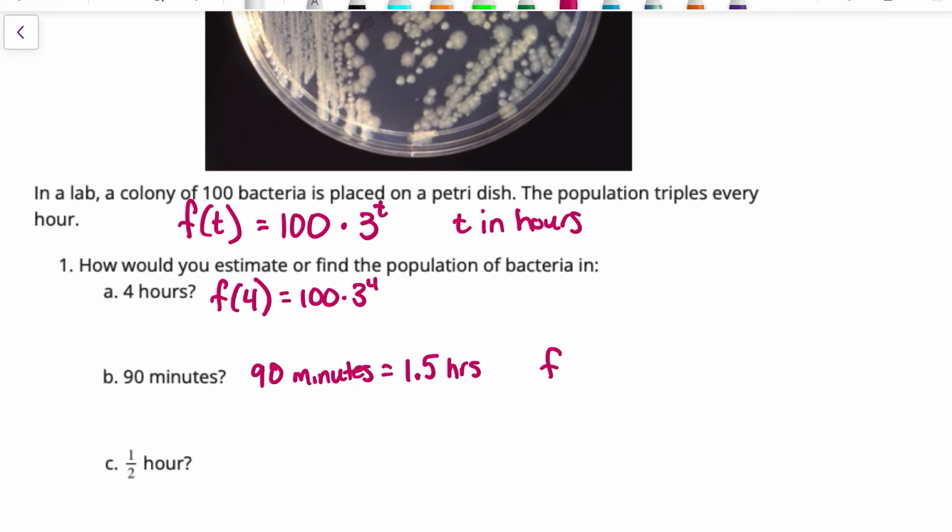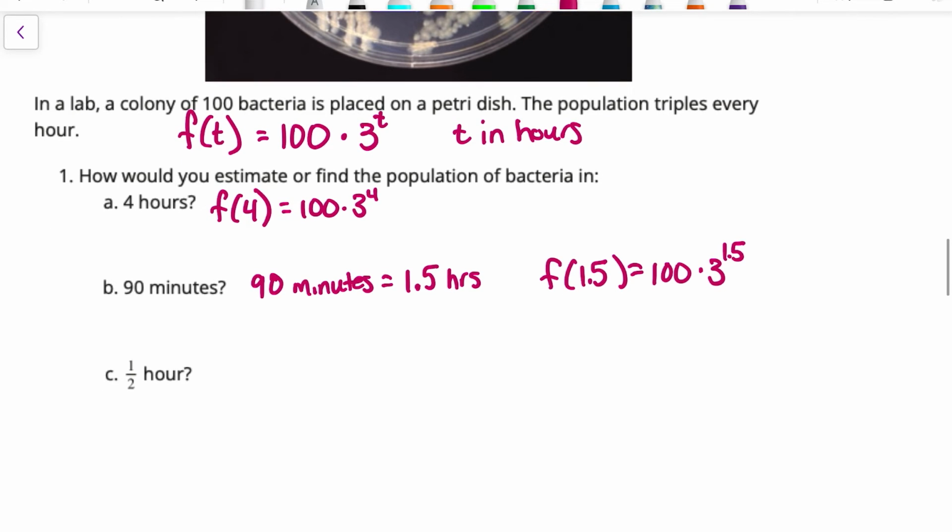So then we would do f of 1.5 equals 100 times 3 to the 1.5. And then for half an hour, again, we would do f of 0.5. I prefer to do 0.5. Equals 100 times 3 to the 0.5. I think those are the easiest ways that we could find those populations.